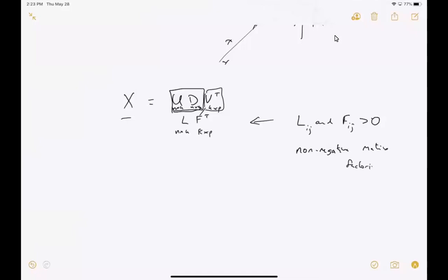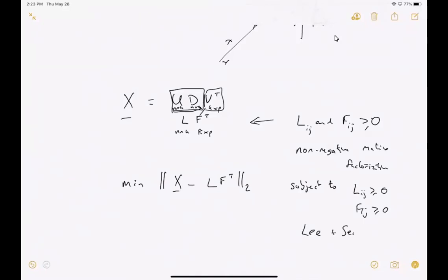And there are different criteria you might use, but the simplest criteria, not necessarily the best, is, again, we minimize the Frobenius norm subject to L_ij greater than or equal to 0, and F_ij greater than or equal to 0. And this idea was invented by Lee and Seung.